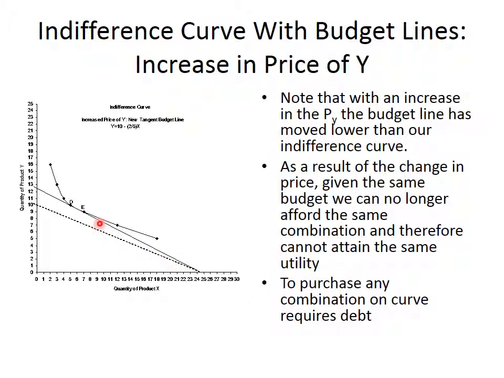Well, we can look at the graph and see that based on the new sacrifice ratio, since we increased the price of Y to $5, 1 Y is now equal to 2.5 X's. We look at that indifference curve and notice there's nowhere along it where the sacrifice ratio in utility equals the sacrifice ratio in money. And that's basically what we're doing.